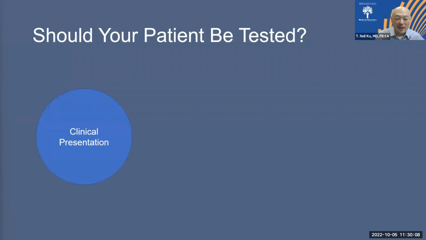We know that during a diagnostic pathway, clinical presentation should be part of it. Remember, when I presented the slide on how UTIs are diagnosed, it has to start with the clinical presentation: dysuria, urinary frequency, things like that. But there are also other components, like risk factors.